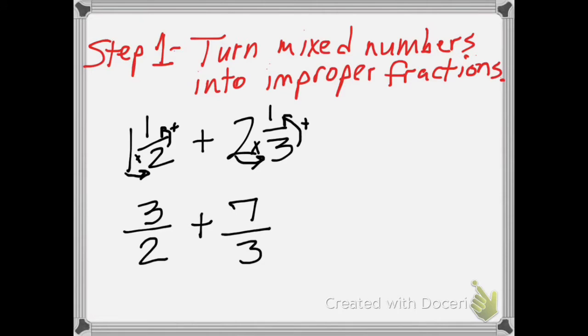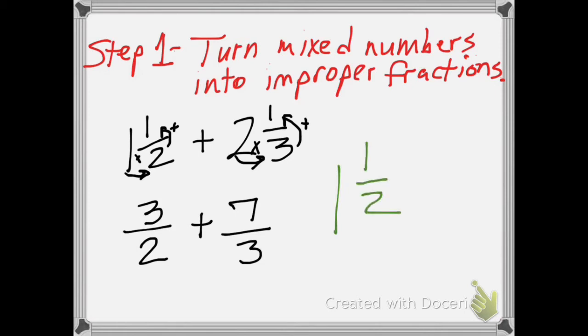Step 1. We have to turn any mixed numbers into improper fractions. So really quickly, to review that, when we have a mixed number, I will choose the first one, 1 1/2.